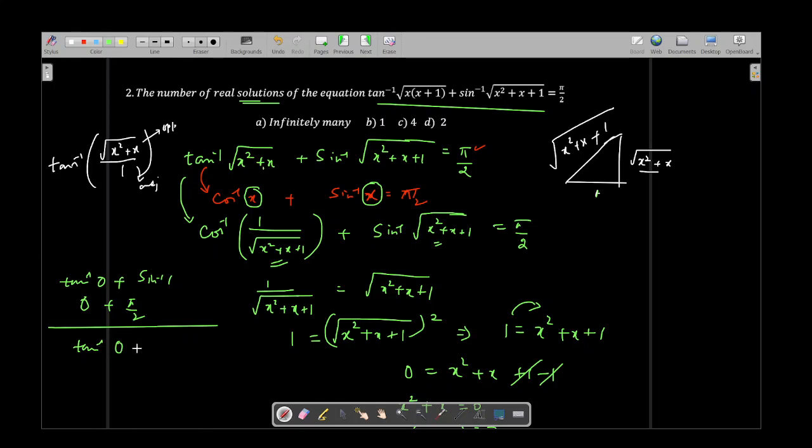So tan inverse of 0, plus sine inverse of, again minus 1 square is plus 1, minus 1. So plus 1 and minus 1 will cancel. We're left with the square root of 1, which is 1. So tan inverse of 0 is 0 and sine inverse of 1 is pi by 2. So there are two solutions, which are 0 and minus 1.